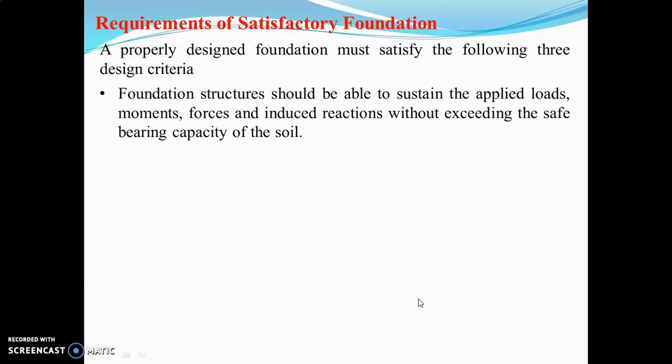The first one is that foundation structures should be able to sustain the applied loads, moments, forces and induced reactions without exceeding the safe bearing capacity of the soil. Now all of you know what is safe bearing capacity of the soil.